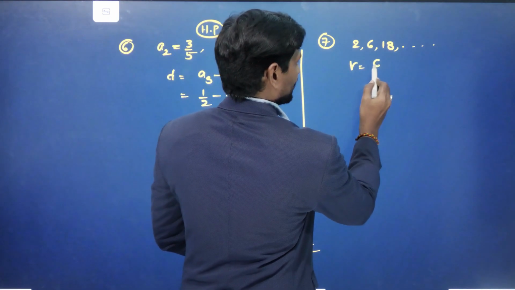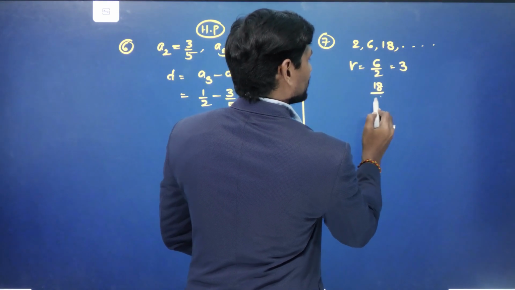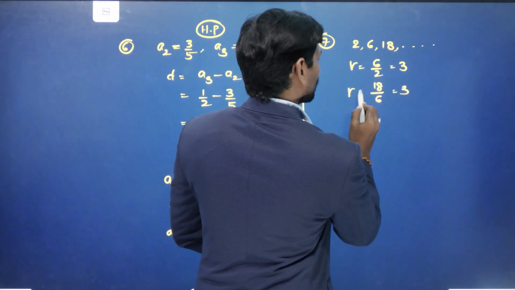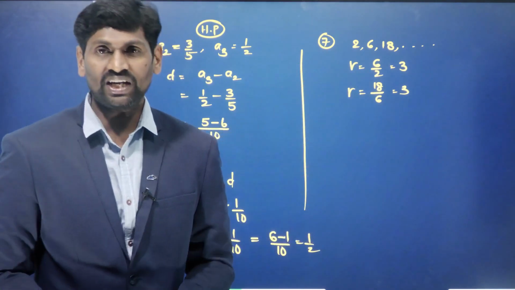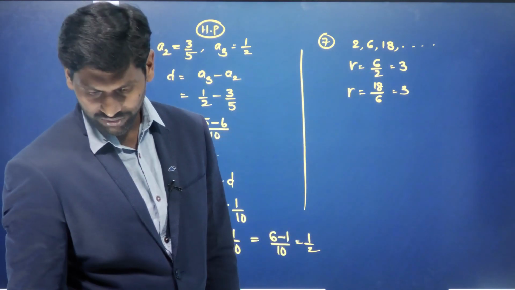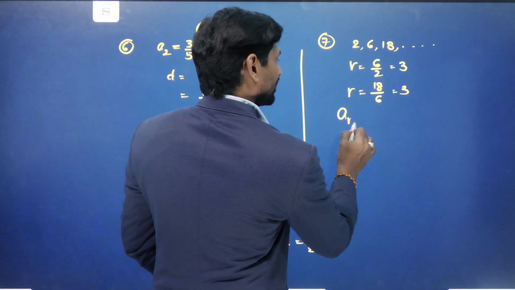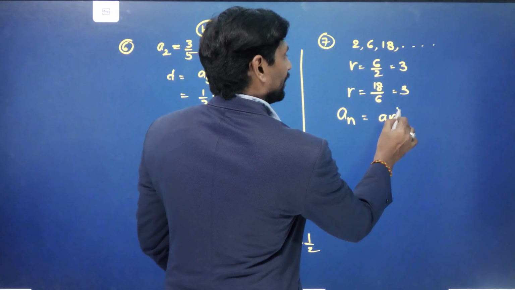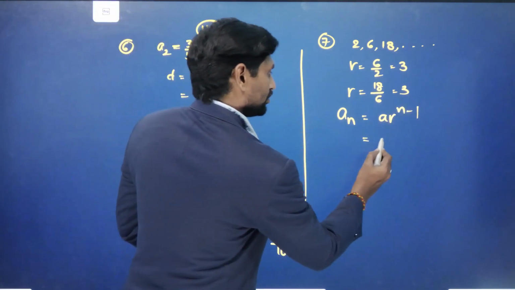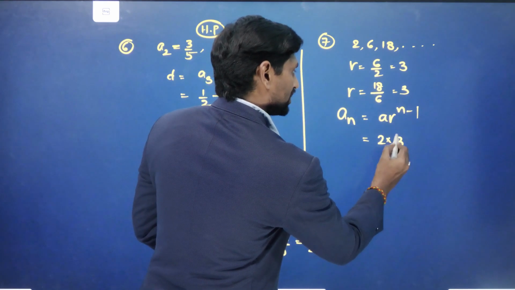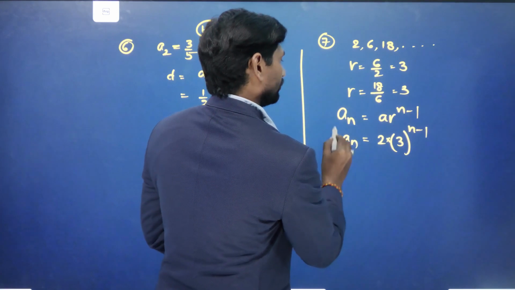R is equal to 6 by 2, which is 3, or 18 by 6, which is also 3. So the common ratio is the same, and we can say these numbers are in geometric progression. The nth term is an equals a into r power n minus 1. Here a is 2 and r is 3, so the nth term is 2 into 3 power n minus 1.